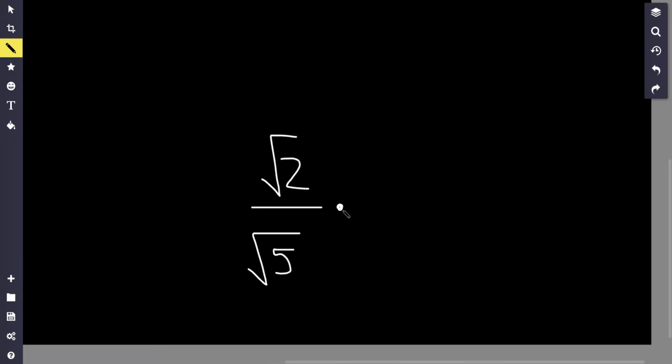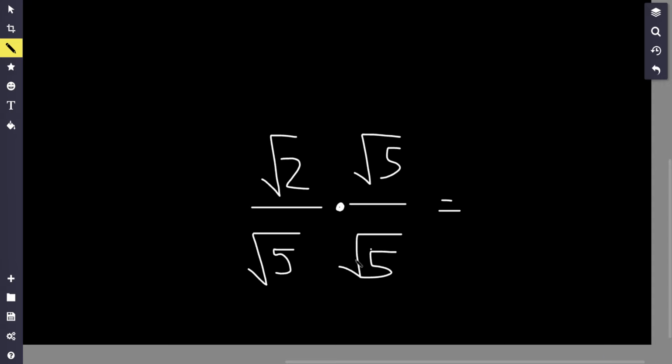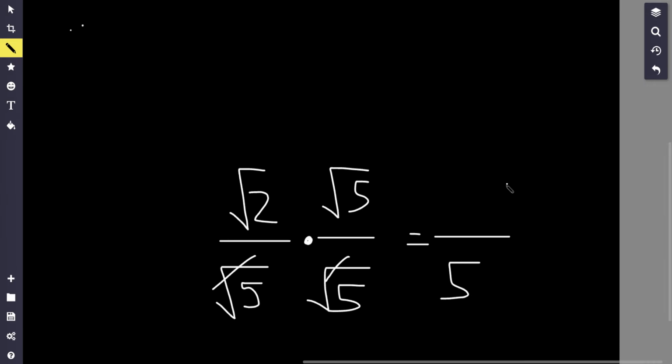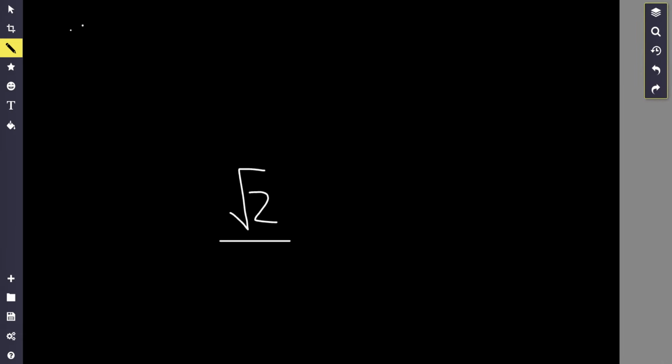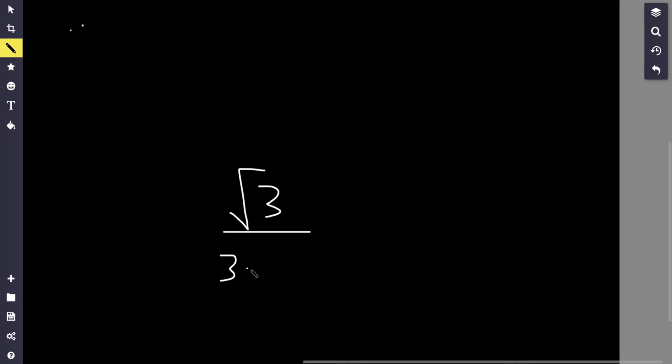So what they'll often do is multiply the top and the bottom by the denominator, so that the square root of 5 times the square root of 5 cancels out to be just a regular 5, and you get radical 10. And if you're dealing with something like the square root of 3 divided by 3 minus the square root of 5, how would you get rid of the radical in the denominator in this case?